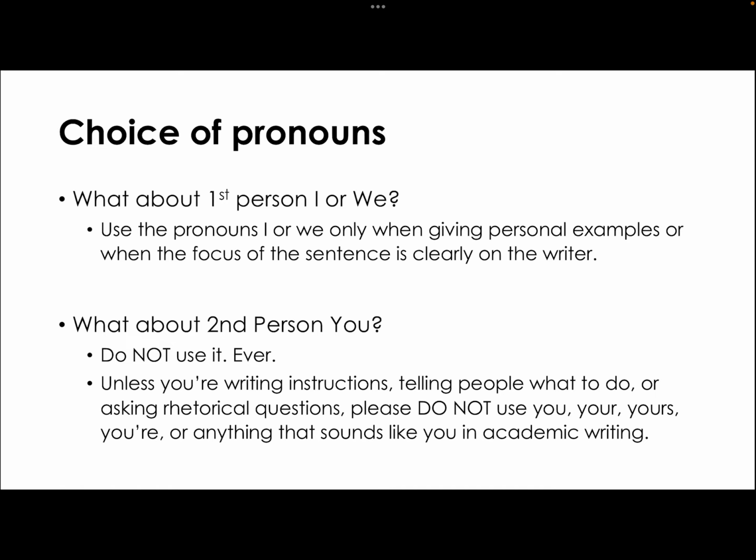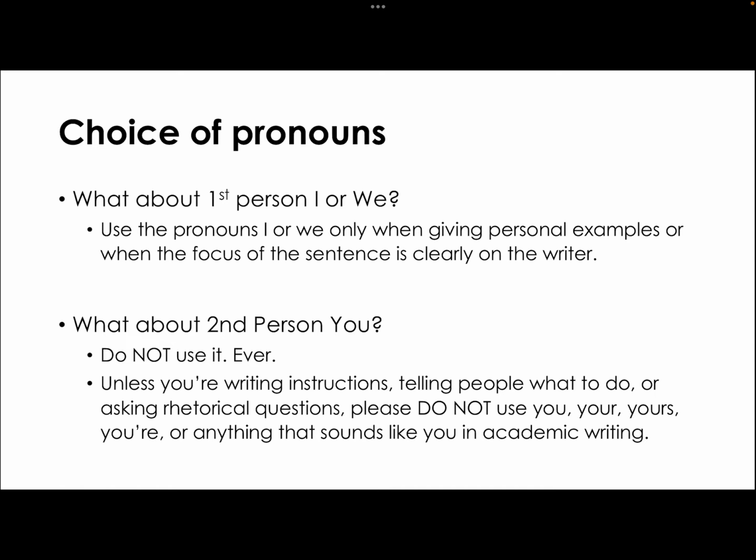Okay, and what about second person you? As it says on the very first bullet, do not, in all caps, do not use it, period, ever, period. Don't use you. Unless you're writing instructions, telling people what to do, or asking rhetorical questions, in very, very limited circumstances.